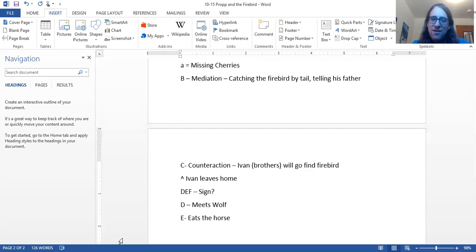And the wolf says, "Why have you come?" Well, it's because the alternative is dying. But the wolf actually takes pity on Ivan and becomes the companion. So the gift is the wolf's companionship and help throughout his journey.